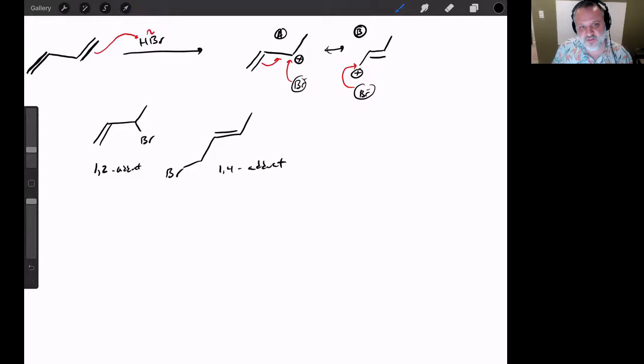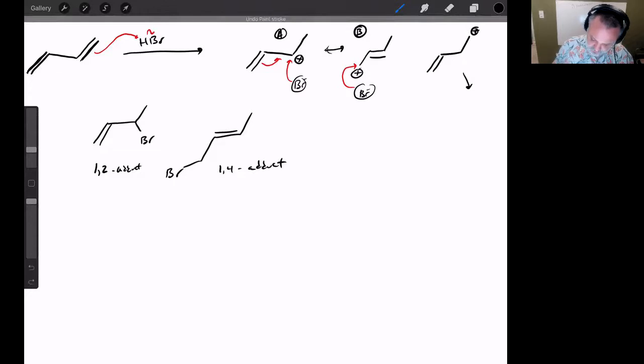The pi electrons come out, proton transfer, the bromine comes off, and then we have nucleophilic attack to the cation. There is another one over here, C. I didn't show that possibility. You could have the carbocation form in an isolated fashion here, and that would lead to a product like this.